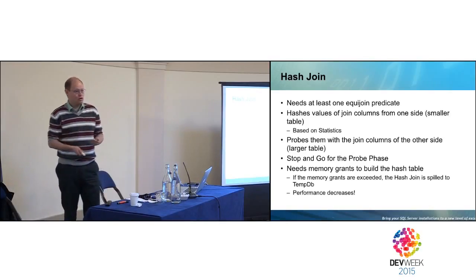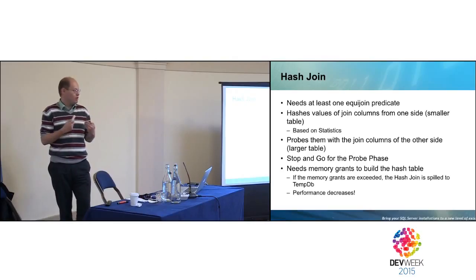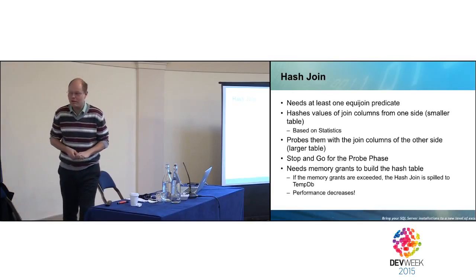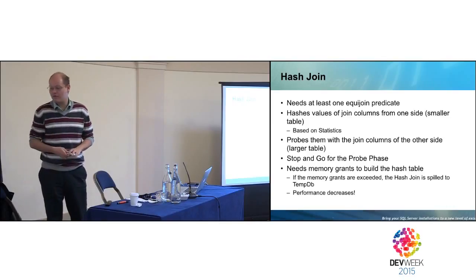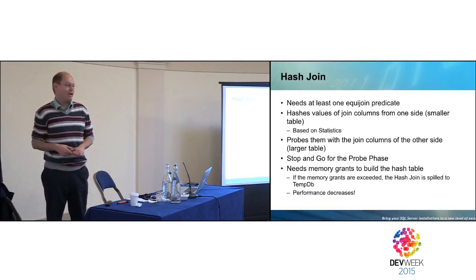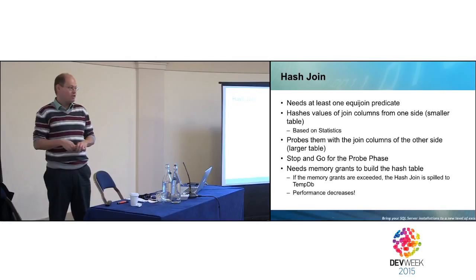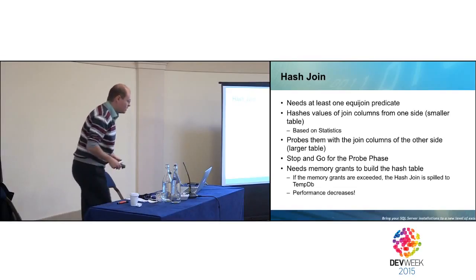Again, the hash join needs a memory grant for that hash table. And the memory grant is again based on the estimated number of rows retrieved from the statistics. So when you have a hash join, it's also very, very important that you deal with accurate statistics. Otherwise, the hash join is also spilled over to TempDb like a sort operator. Let's have a look at that.